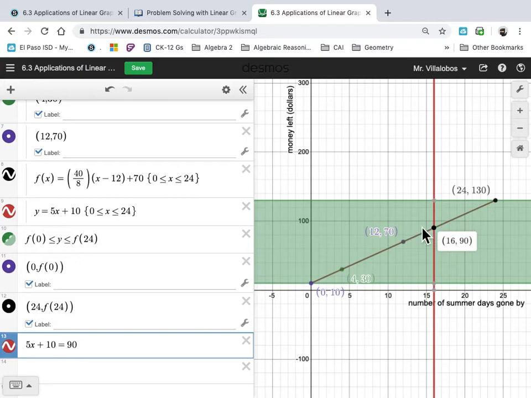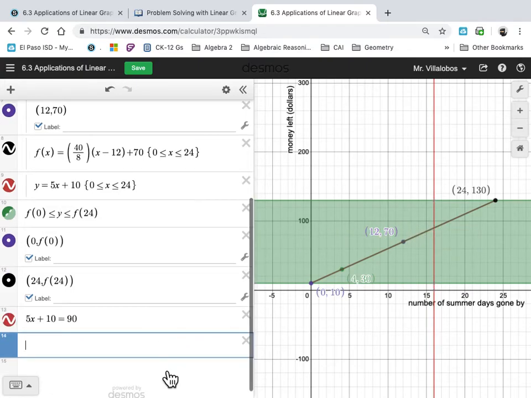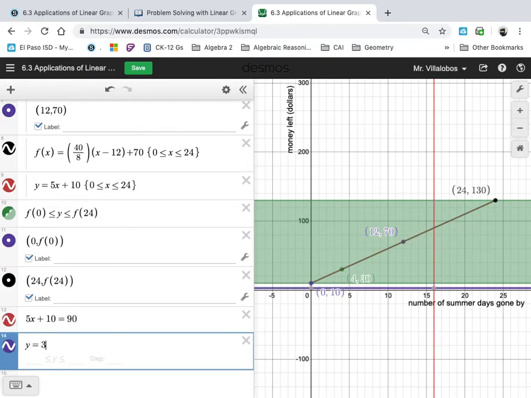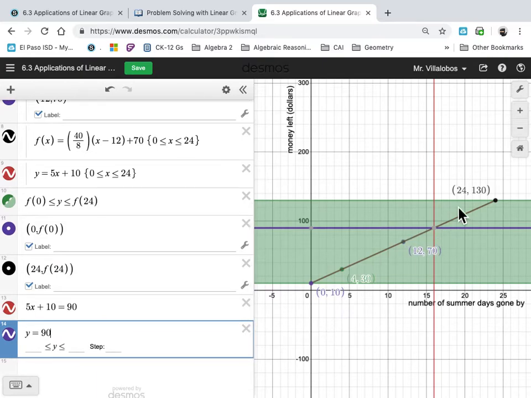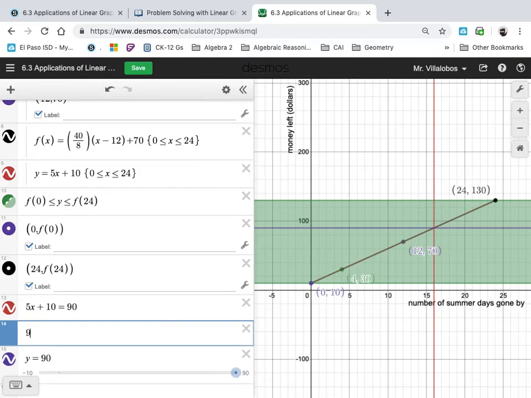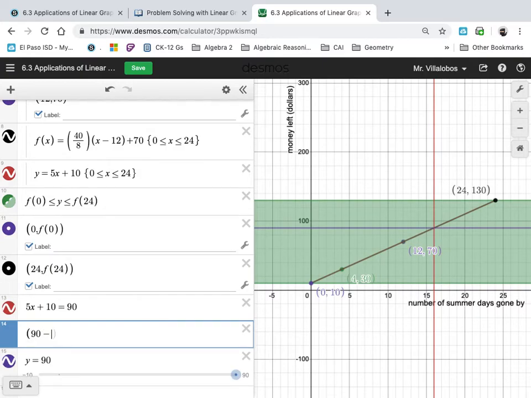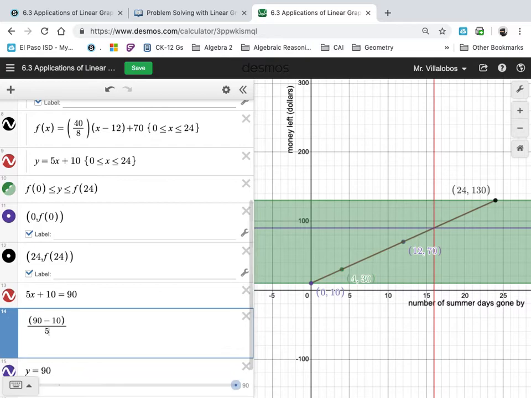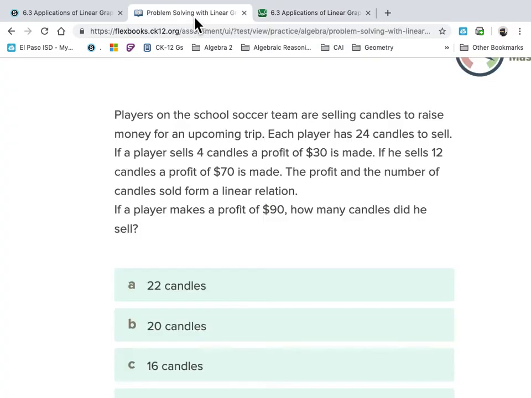At 90, right? I could also just say y equals 90, and I can find out where it crosses. If this is 90 right here, it crosses at 16, and that's how you do it graphically. I can also do the algebra. Obviously, that would be parentheses 90 minus the 10 divided by the 5, which is also 16. That's both methods. And I'm done with this video. And the answer was 16.